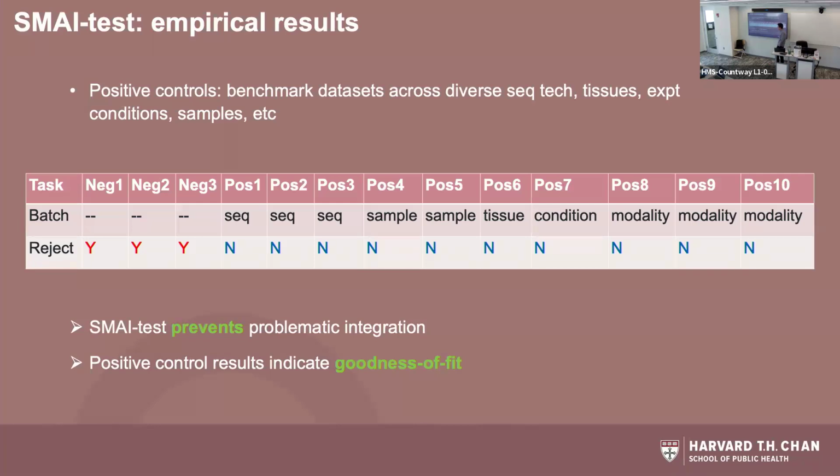When the 2 data sets come from, say, similar types of studies but with different sequencing procedures, in general that similarity transformation group can account for the batch effect between the data sets. So in general, this test prevents problematic integration, and it also has some suggestions that for many batch effects that have been, yeah, please go ahead.